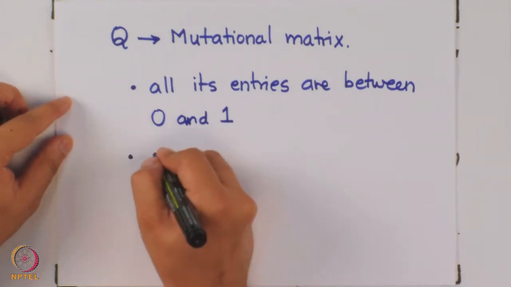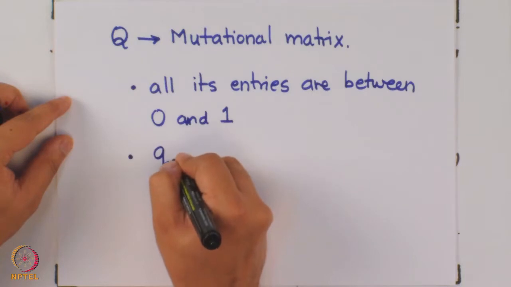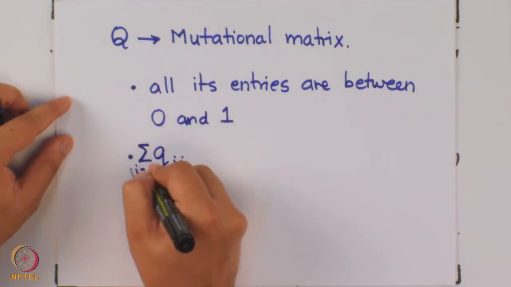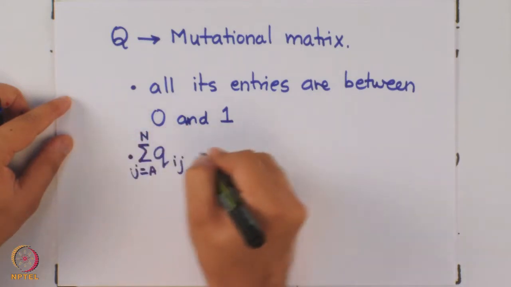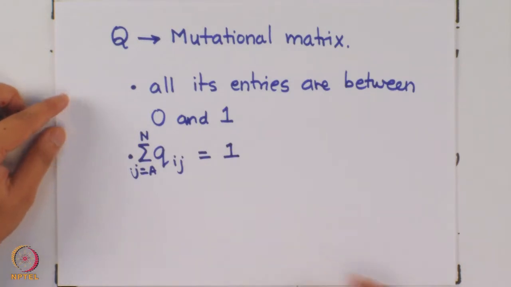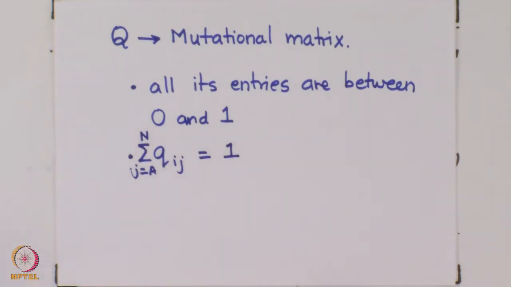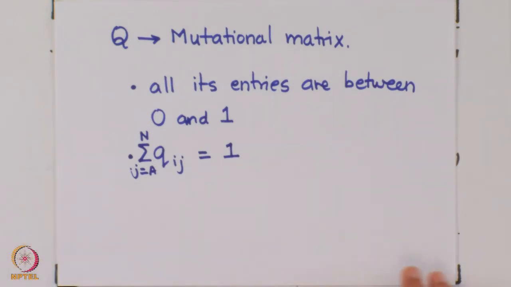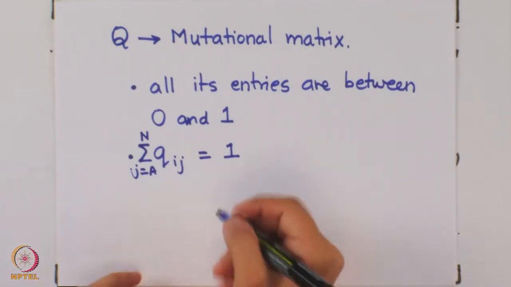And secondly, the summation over j of Qij is equal to 1, which means in this case that when a genotype i is dividing, it could result in any one of the n genotypes, and the summation of probabilities of this transition equals 1.